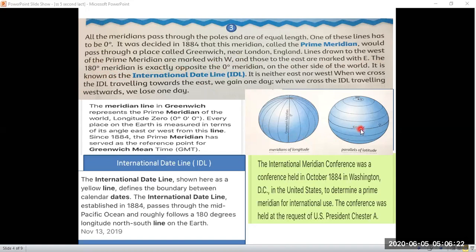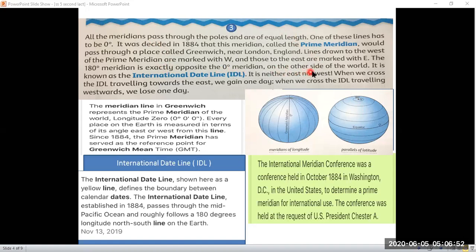This is the 0-degree. So opposite to the 0-degree, over here it will be the 180-degree. 90 is here and 90 is here. If we plot a line here, it will show us the 180-degree.